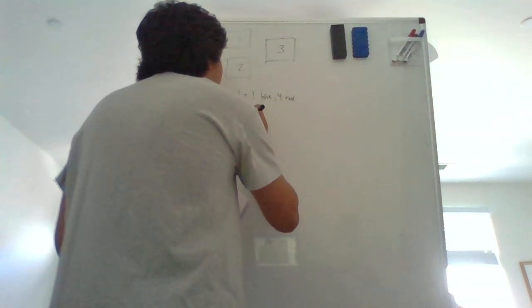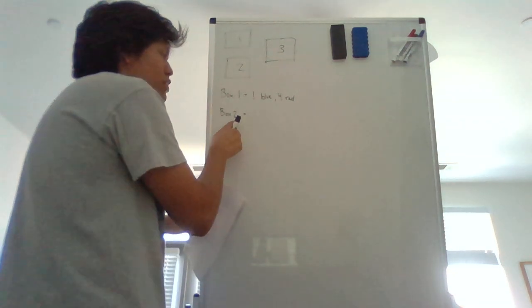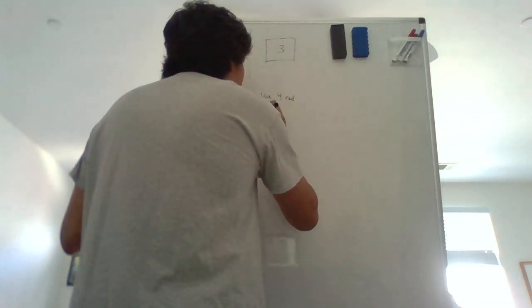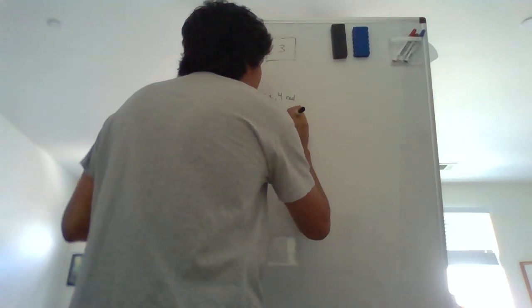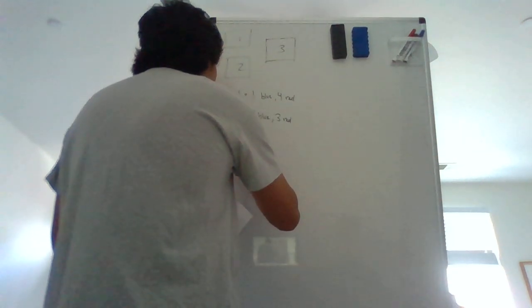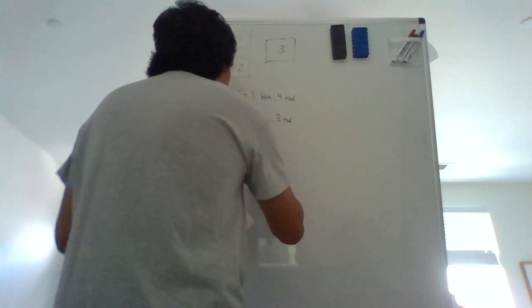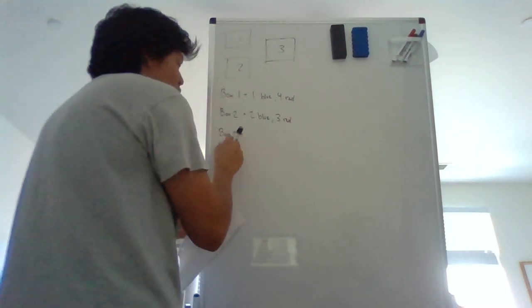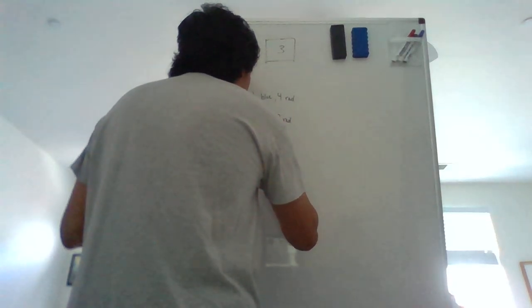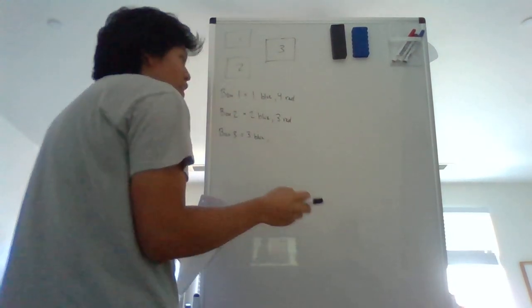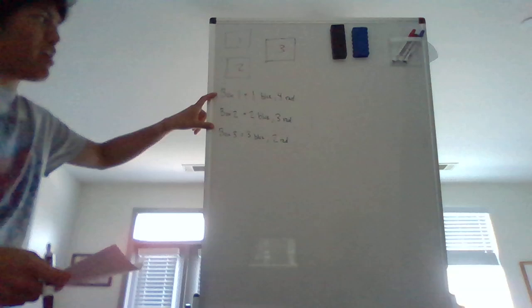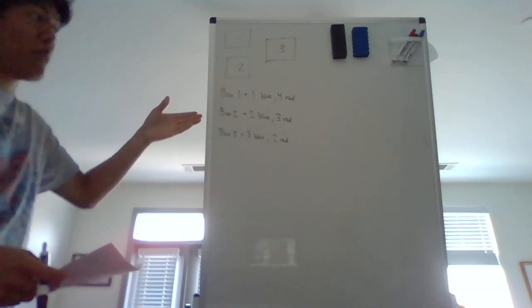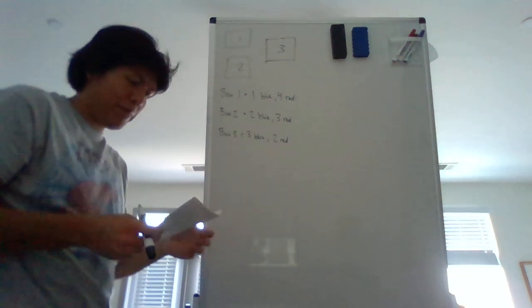Box 2 has K blue marbles, K equals 2, 2 blue marbles. 5 minus K, 5 minus 2, 3 red marbles. And same for box 3. K blue, K equals 3, 3 blue. 5 minus K, 5 minus 3 is 2, 2 red. Alright, so this is how many marbles of each kind are in each box.